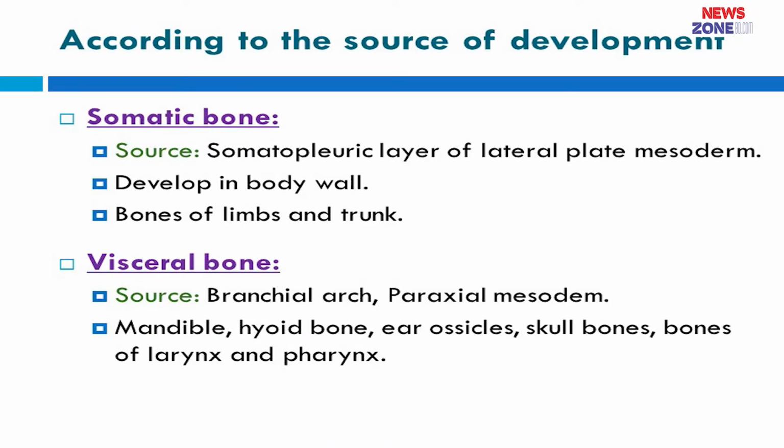Another source is the visceral bones. Visceral bones are coming mainly from the branchial arches and the periosteal mesoderm. These bones are mainly the bones of the face and neck and also the head. Mandible, hyoid bone, ear ossicles, skull bones, bones of the larynx and pharynx are coming from these sources.